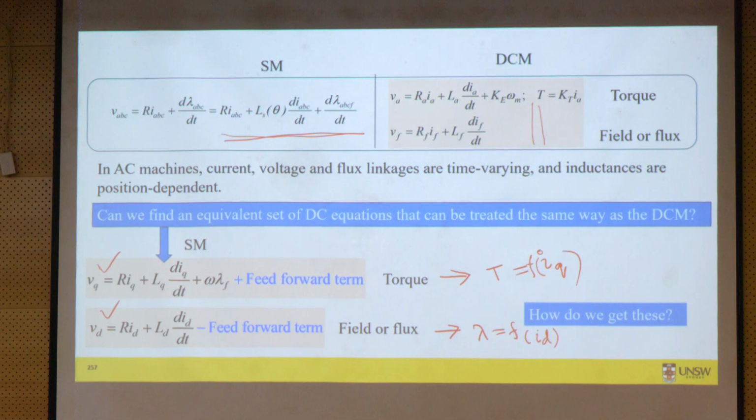So we can get separate, decoupled torque and flux when we use the DQ dynamic model. That's the main reason why the reference frame theory, the transformation, and the DQ model are key for achieving advanced control such as field oriented or direct torque control.